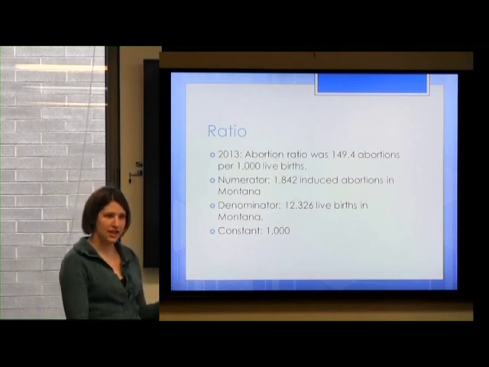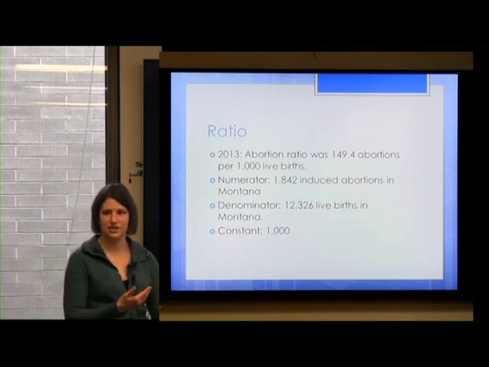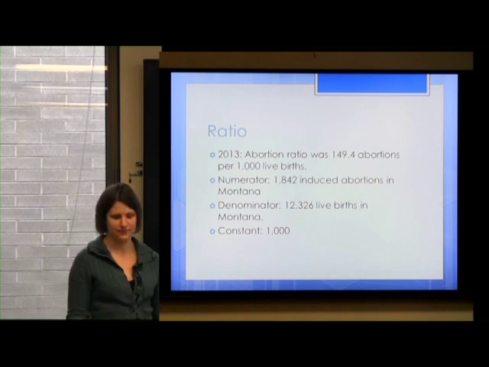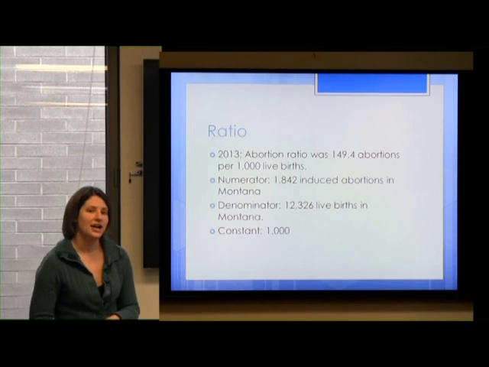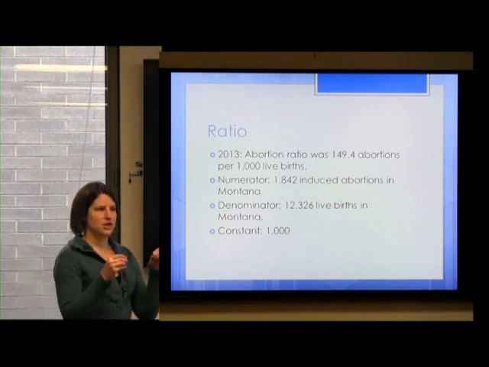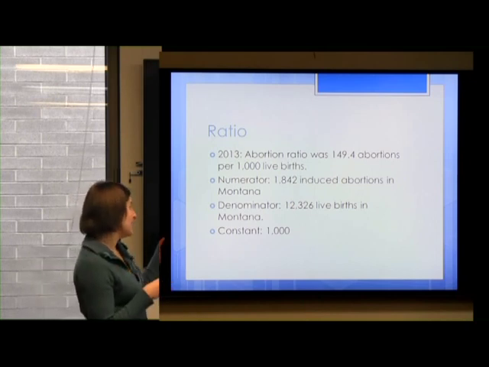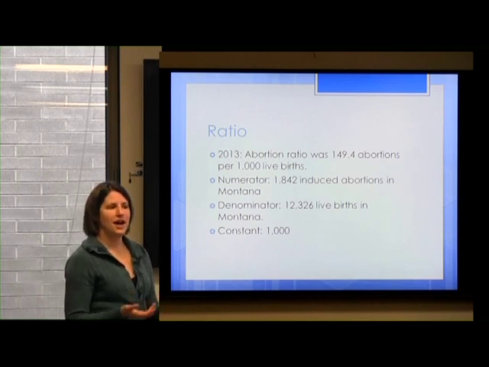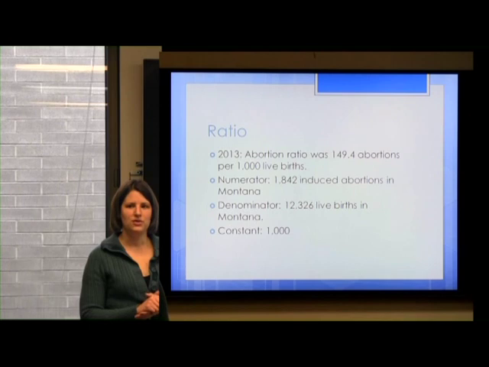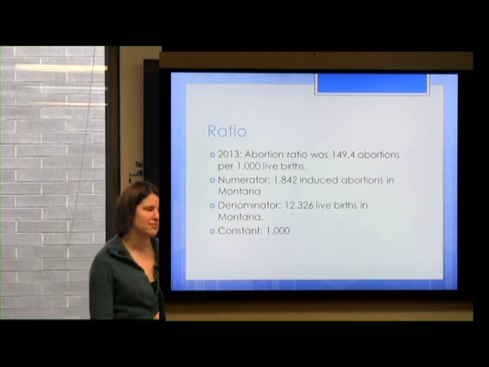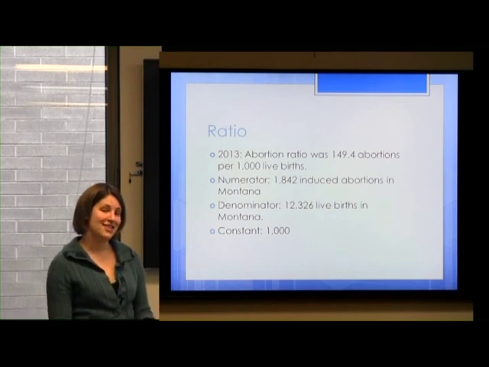The denominator is the number of live births, and you just divide them, and that gives you the ratio. A lot of times ratios will also be multiplied by a constant, mostly so that the number isn't really small and hard to interpret. In this example, the constant is 1,000. But the constant is something that we just pick on our own. We usually do either 1,000, 10,000, or 100,000. So that's ratio.